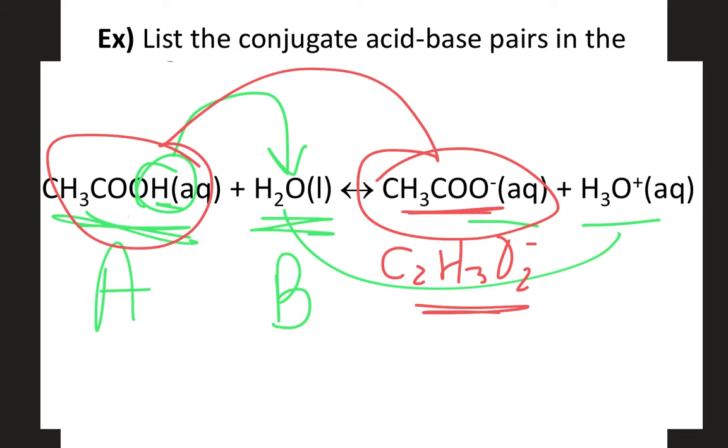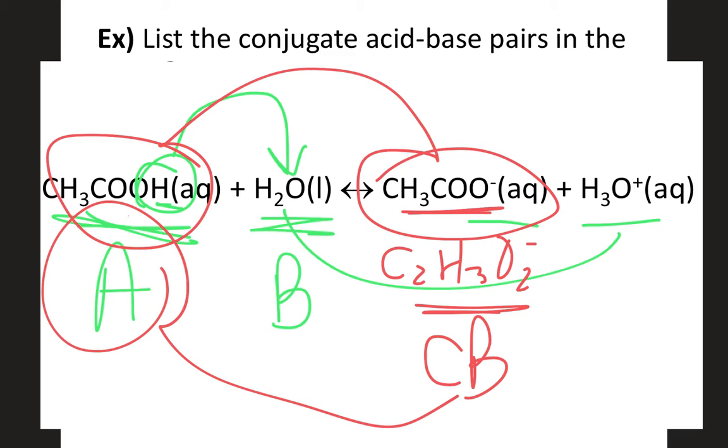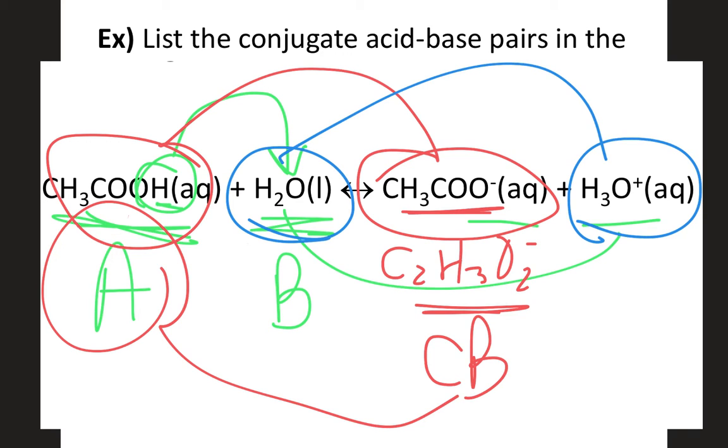But the point is that it's down a proton, making it more basic. So that's the conjugate base to the acid. Those things are connected. And then if we look at the water, it was H2O, and now it became H3O plus, or hydronium. It gained an H plus, making it the conjugate acid.